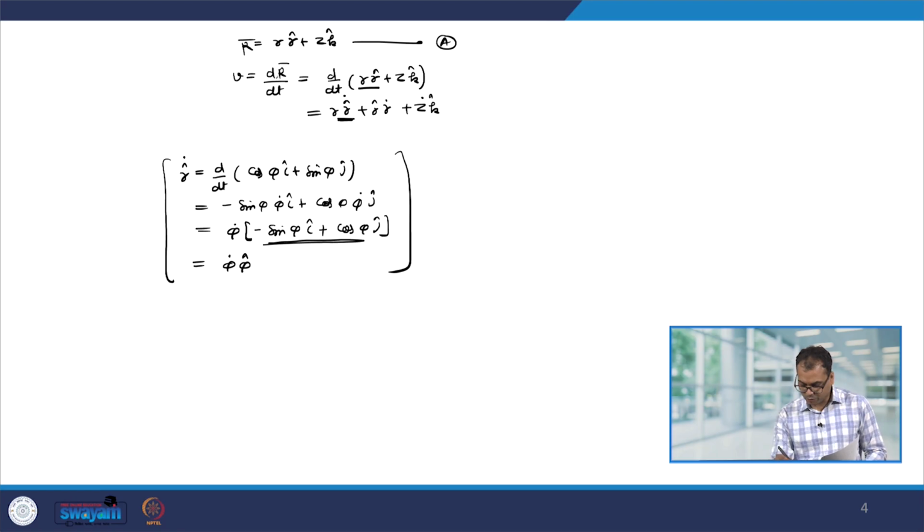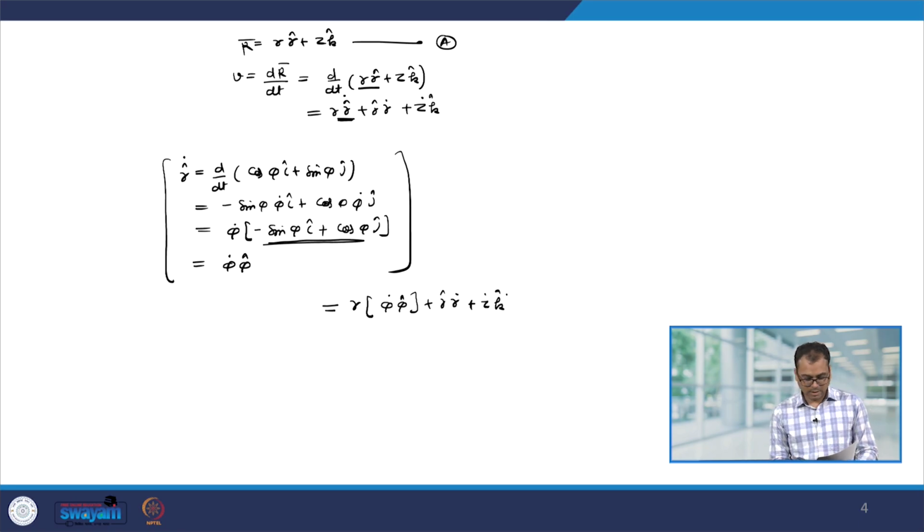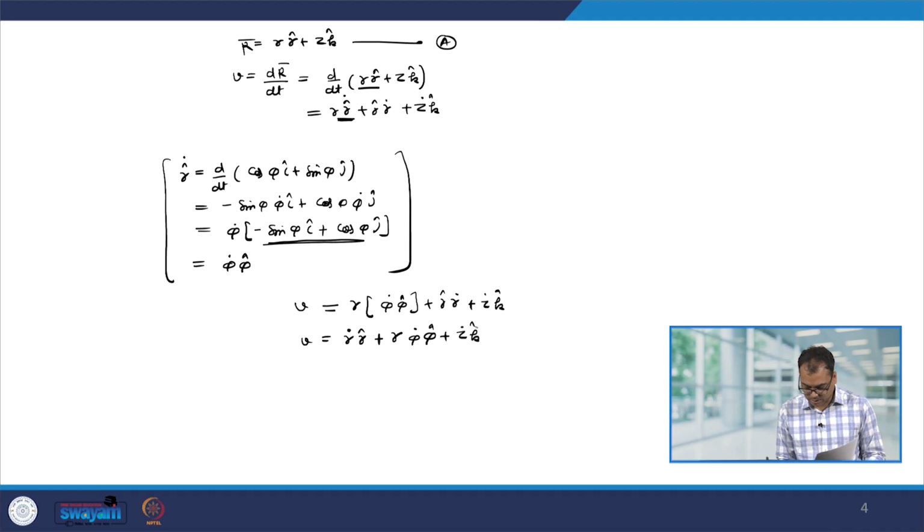So we have v equal to r cap dot is phi dot phi cap, plus r dot r cap, plus z dot k cap, or we can write down v equal to r dot r cap plus r phi dot phi cap plus z dot k cap.